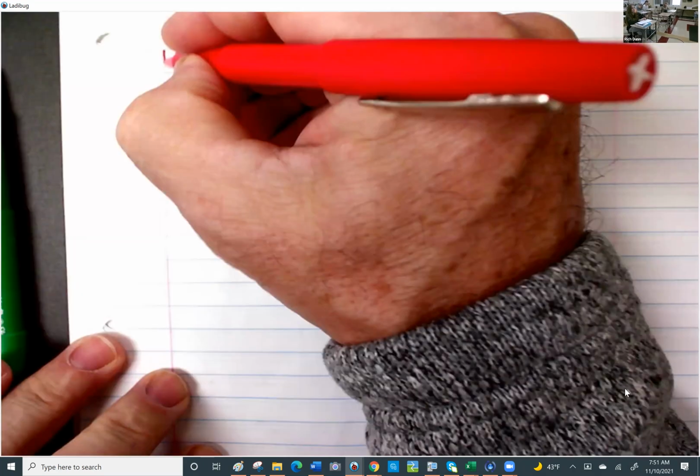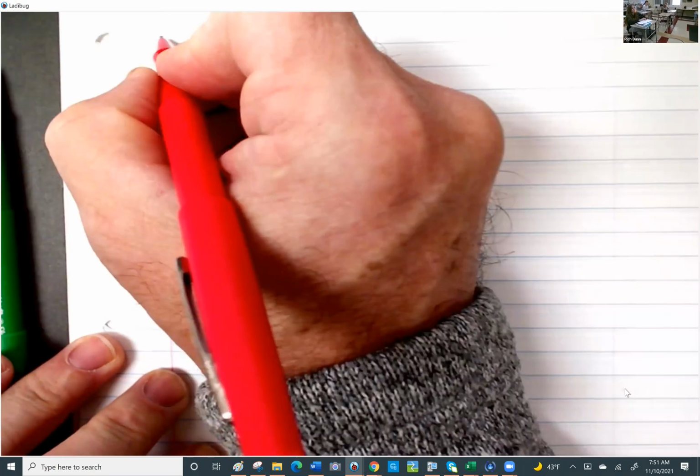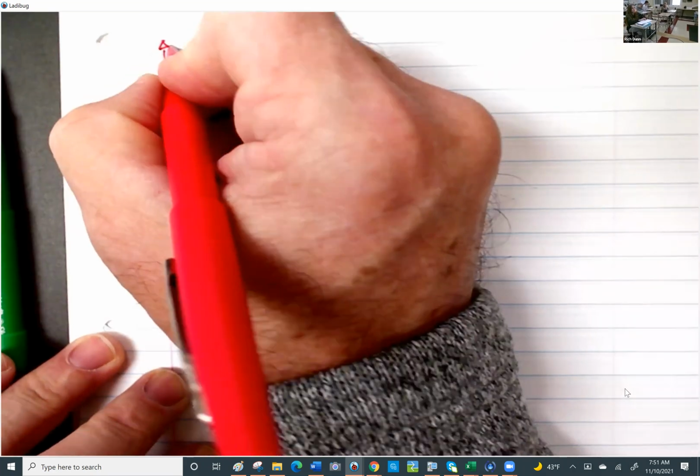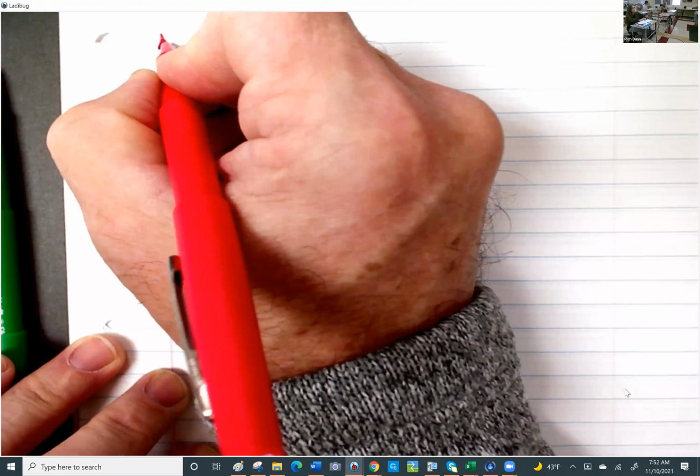And here's what our picture looks like. It looks like this. We have a little spot that we're sitting up here, and we got our campsite. Our little tent is here. Woo-hoo.